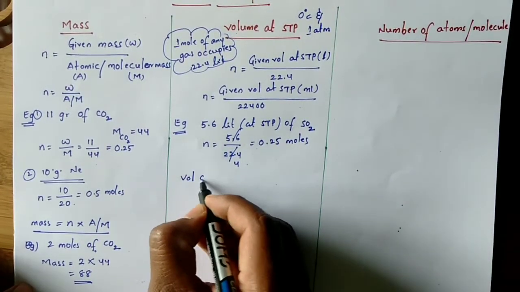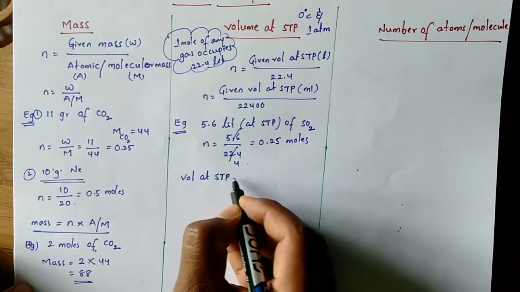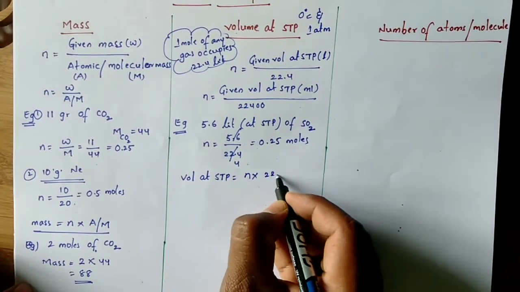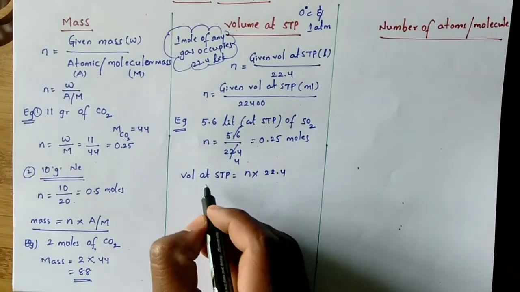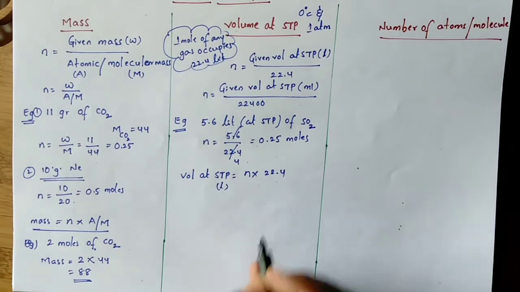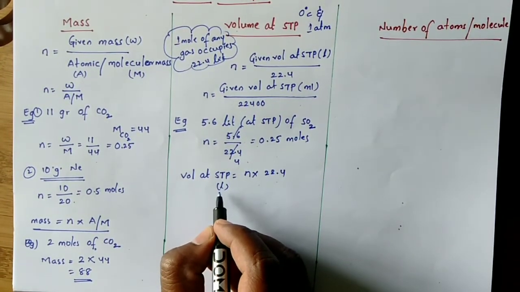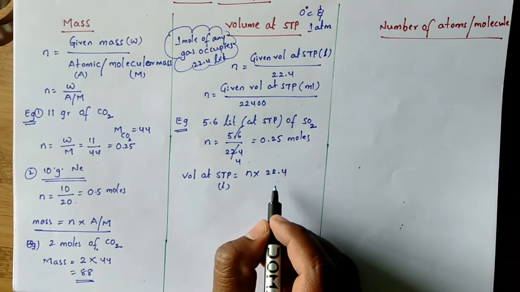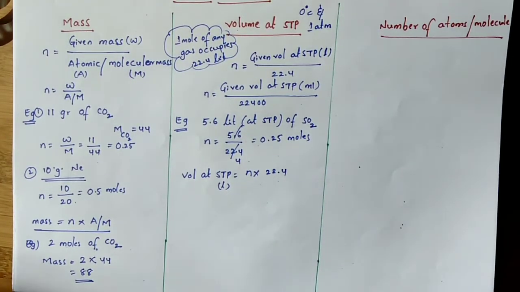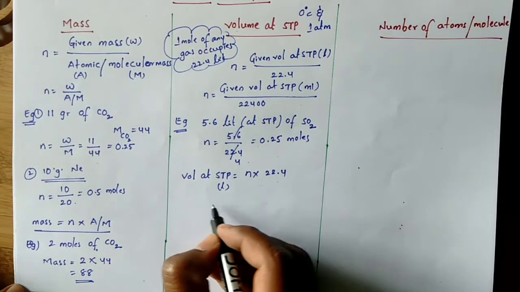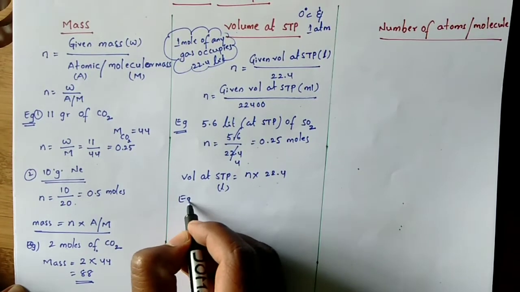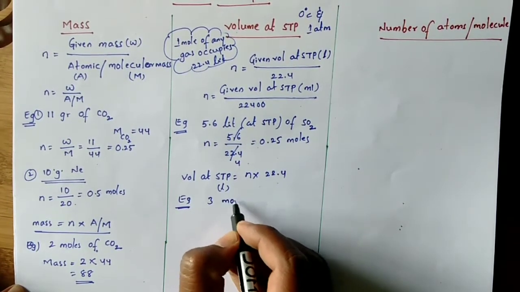You can find the volume of the gas if you know the number of moles. Volume at STP is equal to number of moles into 22.4 if you want the volume in liters. If you want milliliters, multiply with 22,400. Here I am taking one example: 3 moles of oxygen gas.